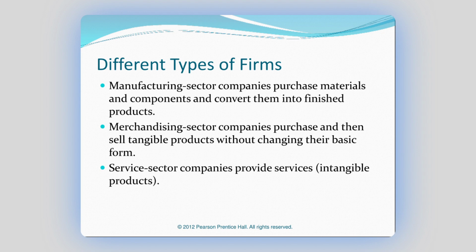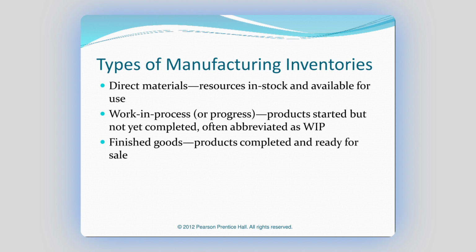Okay. So, they're also to discuss the types of the manufacturing inventories. So, ano to class, no? You have your direct materials, work in process, and we have our finished goods. Ano ang direct materials? Resources in stock and available for use.